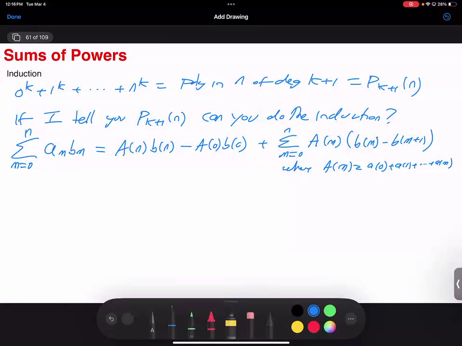But maybe what you could do is have a_m be m to the k minus 2, and maybe b_m is m squared. And now when you're summing capital A, that would be a lower power.